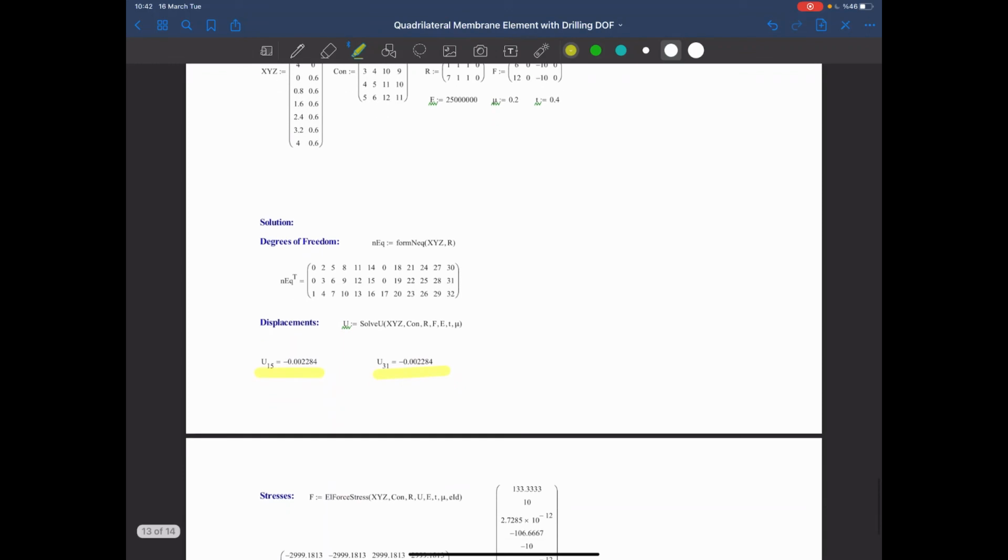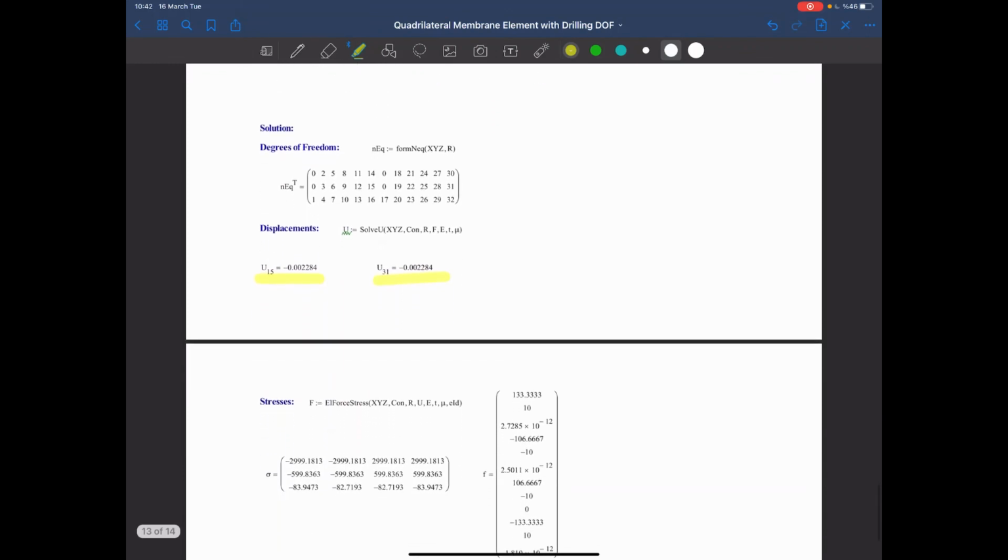What about the stresses? Now the stresses are not what we expect. This is 3000, so there is a 10% error in the stresses, and the shear stresses that we obtain are very close to the one without any shear area correction.